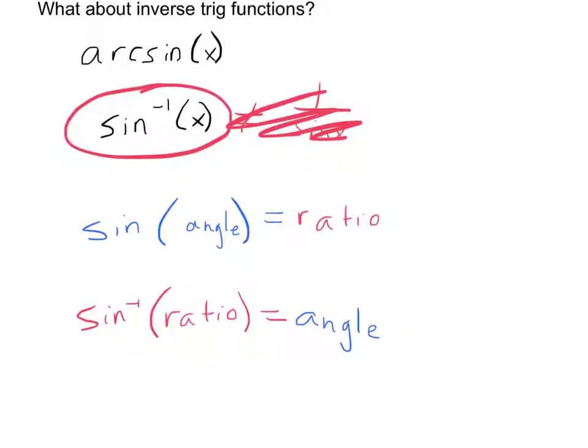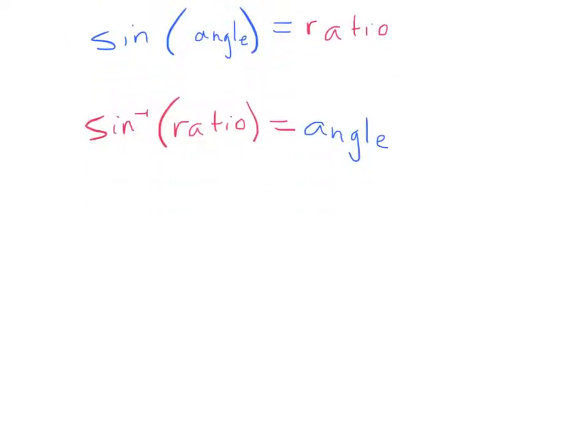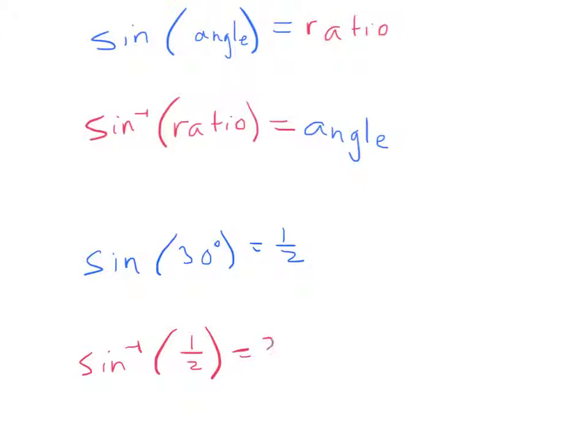So for instance, I said that the sine of 30 degrees is 1/2. So if I were to ask you, what's the inverse sine of 1/2? It's effectively me saying, I already know that the sine was 1/2. Can you tell me what angle that came from? And in this case, of course, we can say that came from a 30-degree angle.